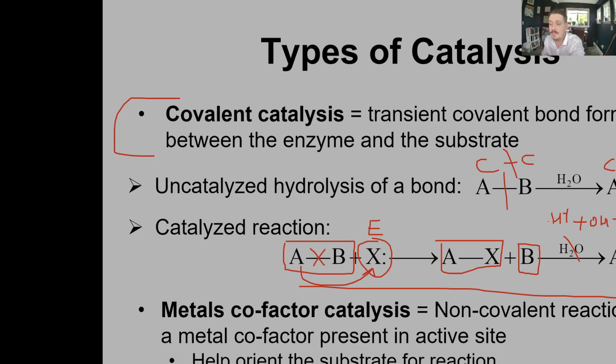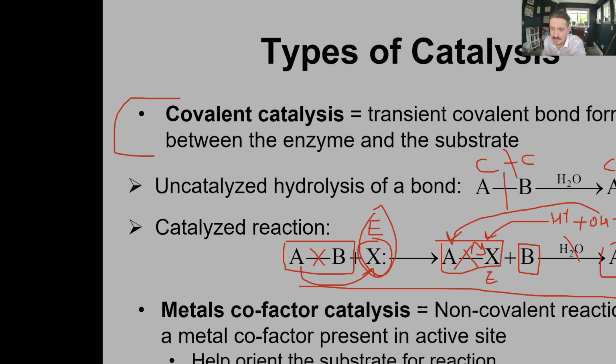This isn't what happens every time, but it's just a worked example. So that bond would break, and you're going to get release of the A, release of the B now, and the enzyme ends up as what you started out with.